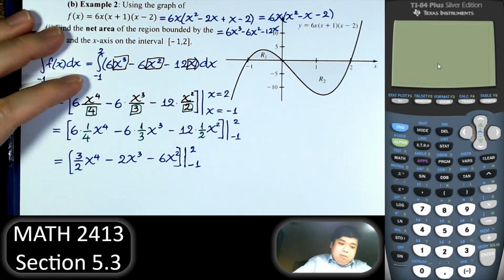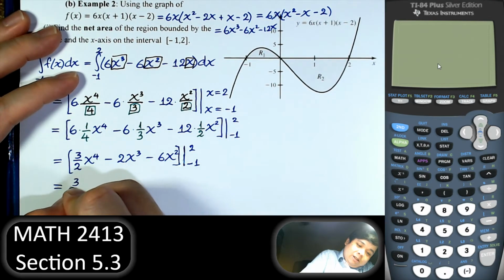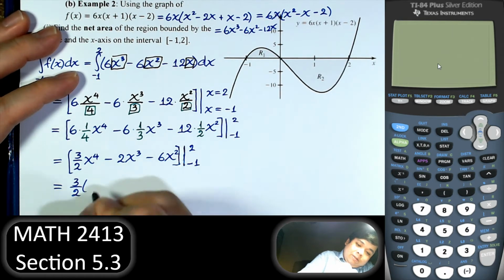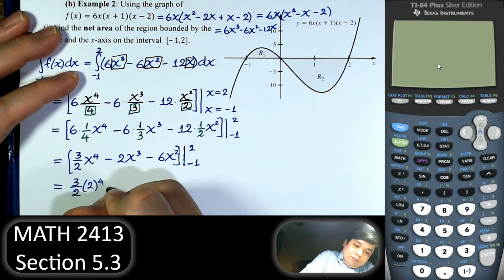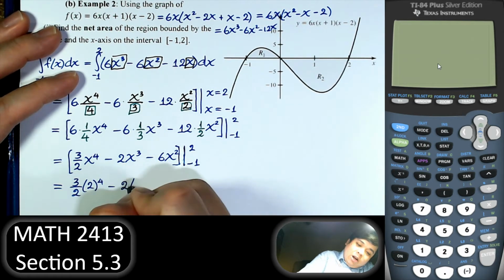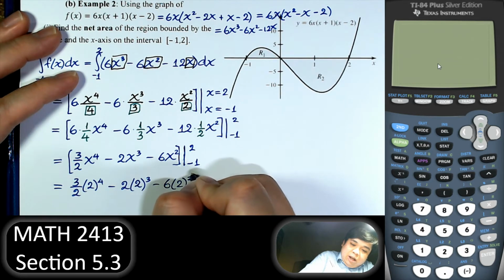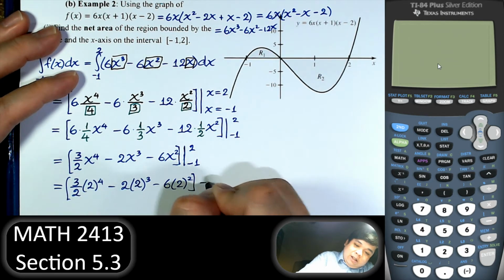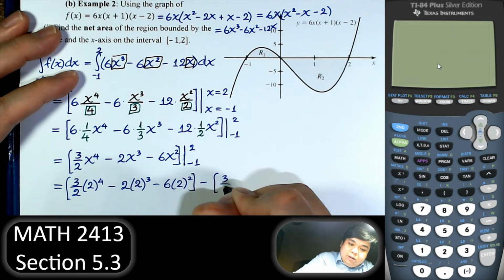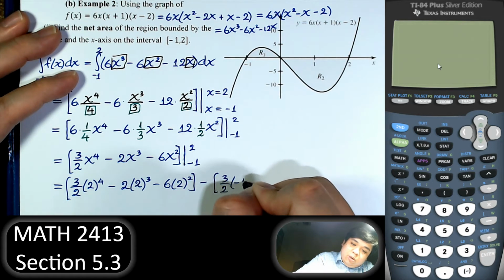So put in the upper limit. And then the lower limit. So that is where we put in the upper limit. And we subtract. Put in the lower limit.